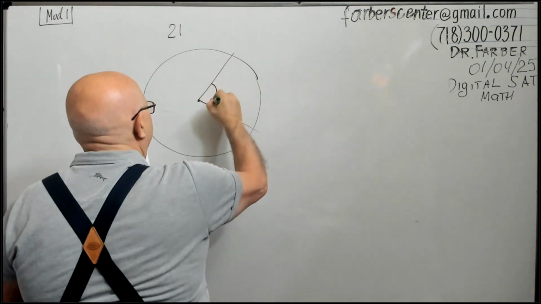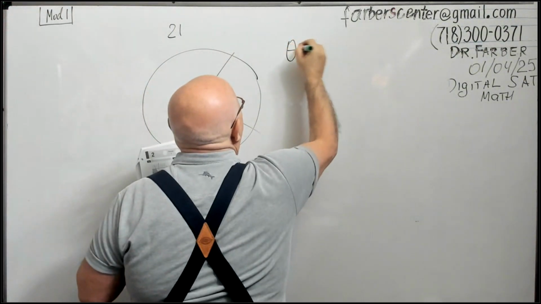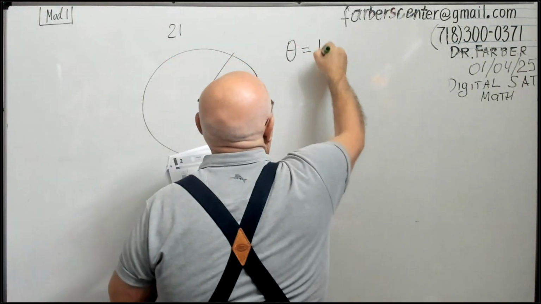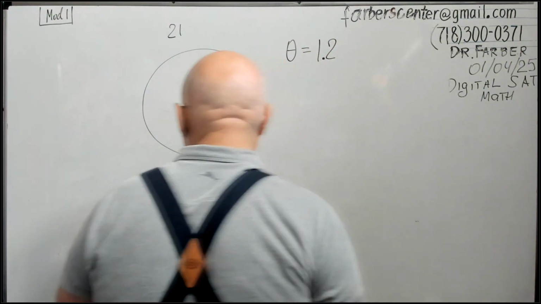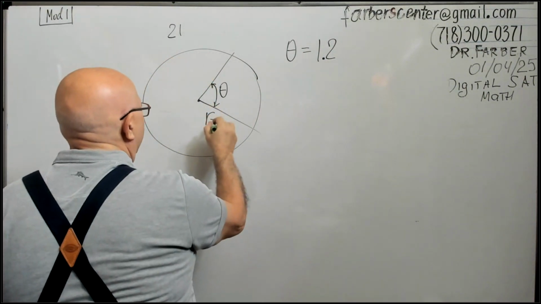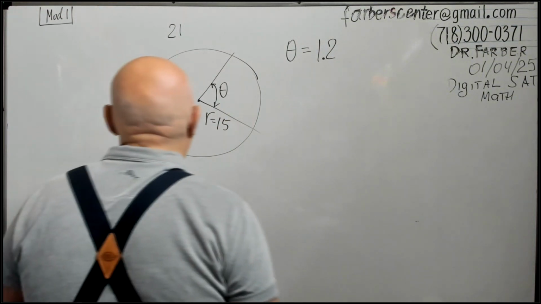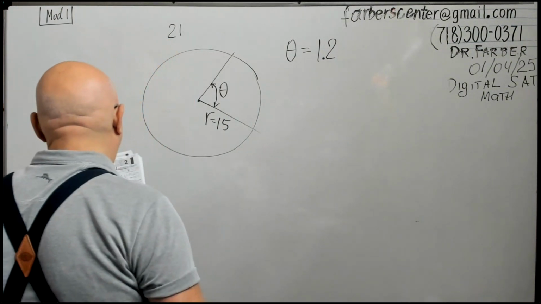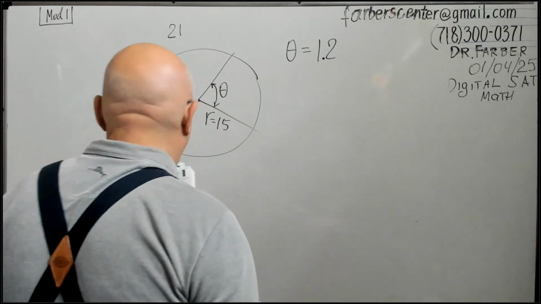This angle, the central angle theta, equals 1.2 radians, and this radius equals 15. What is the area of this sector? Remember, I wrote that; they did it wrong, right? They did this one wrong.